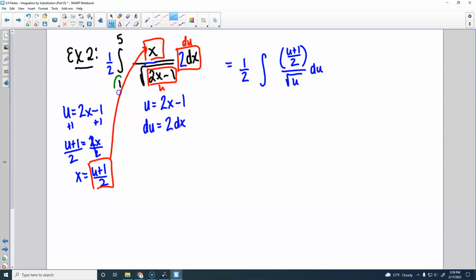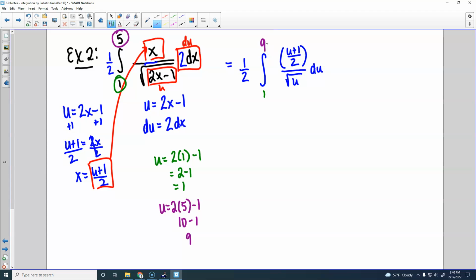So if we take this bottom limit, u would equal 2 times 1 minus 1, which is 2 minus 1, which is actually still just 1. So the bottom one's still going to be 1. And then we'll take the top limit. It will be 2 times 5 minus 1. So 10 minus 1 will get 9 for that top limit.